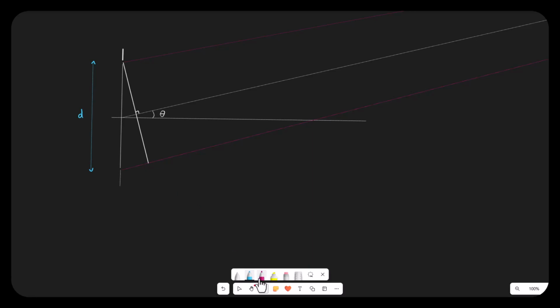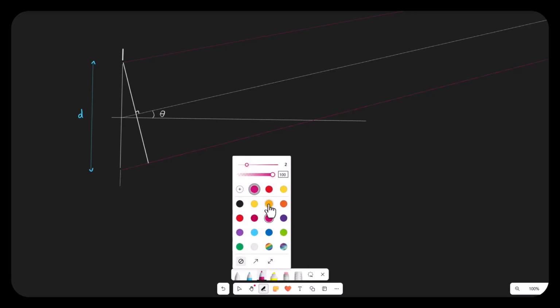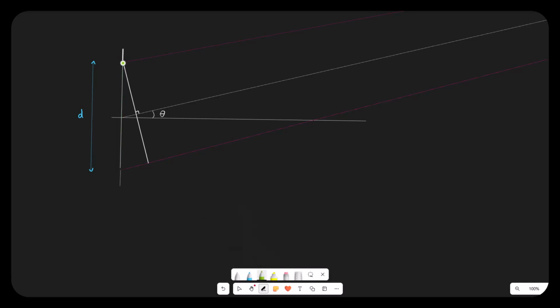So I would like to look at this right triangle. To be completely fair, this is not actually a completely right triangle because these two rays aren't parallel.